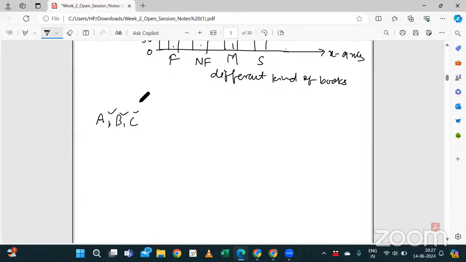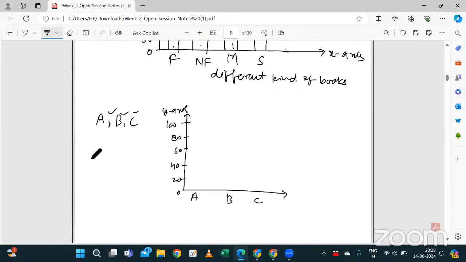Suppose you are interested to know how many votes candidate A received, candidate B got, candidate C got. In this kind of scenario, you can plot the bar chart. Suppose this is A, this is B, this is C. Suppose 0, 20, 40, 60, 80, let's say 100. So this y-axis will show you the count of votes.